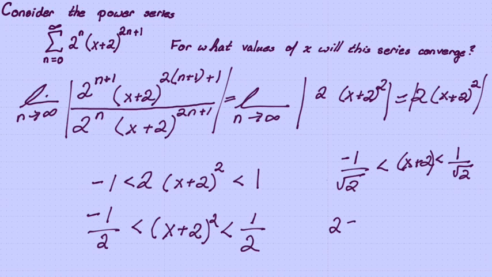So 2 minus 1 over root 2 is less than x is less than 2 plus 1 over root 2. So the radius of convergence here is 1 over root 2.